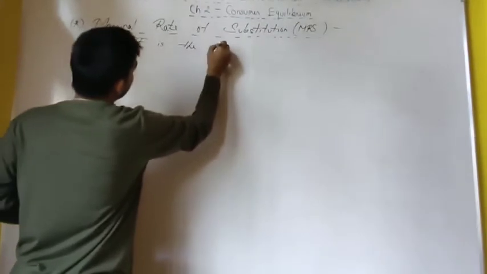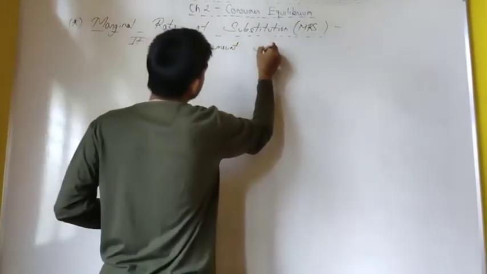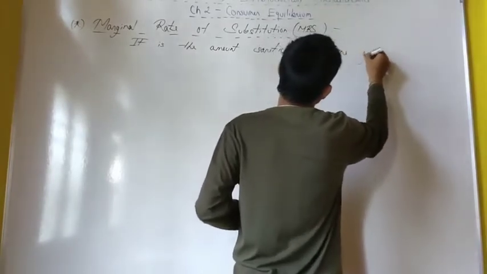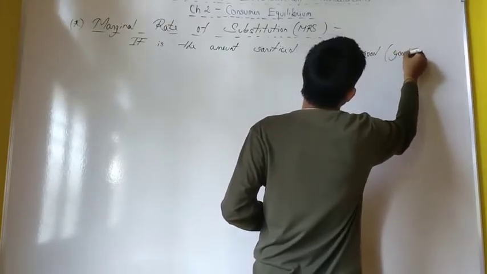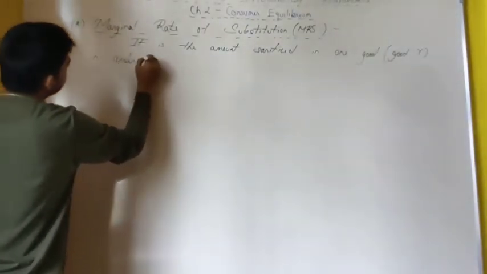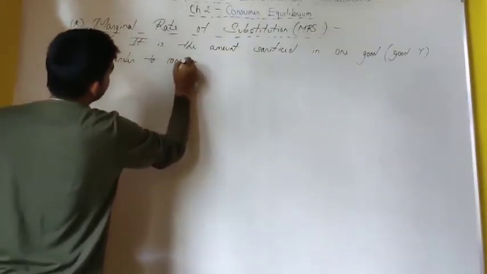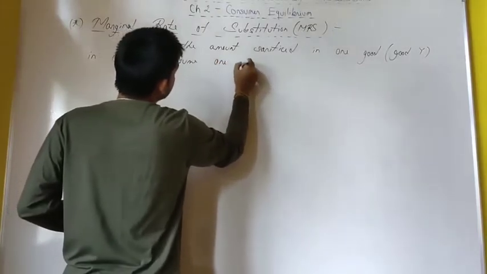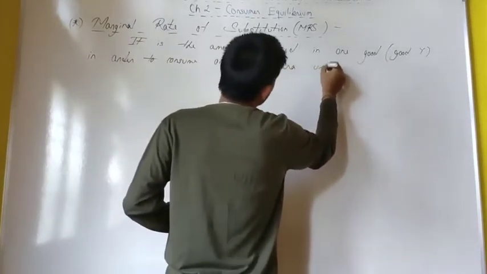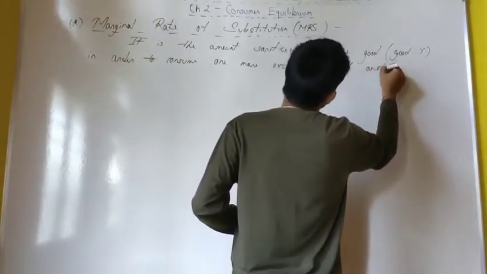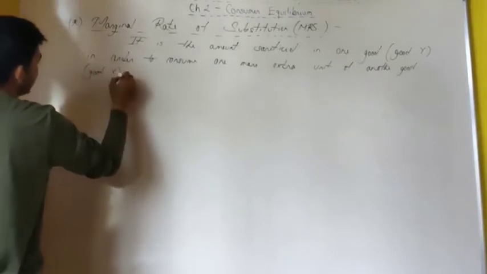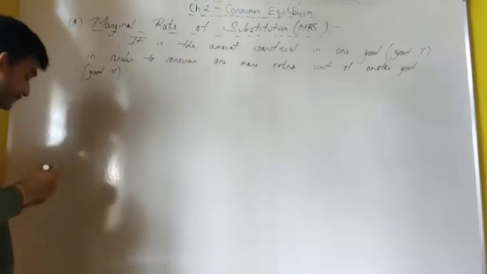It is the amount sacrificed in one good, say good Y, in order to consume one more extra unit of another good, say good X. Now there is also a mathematical relationship.